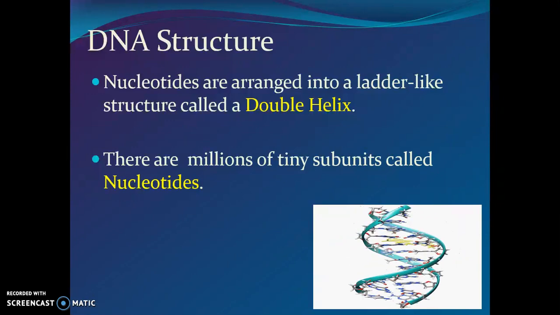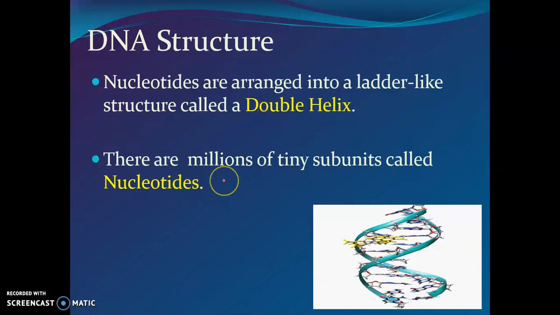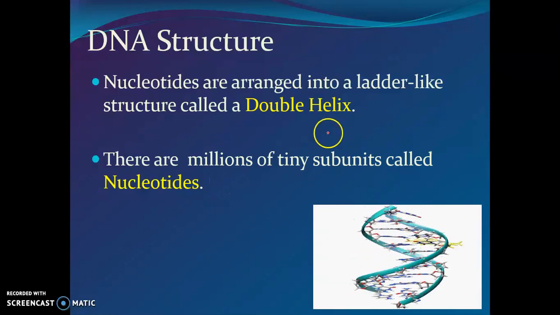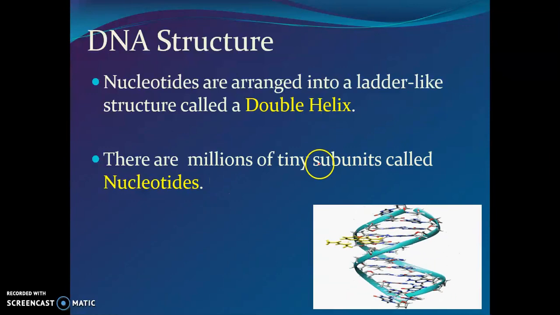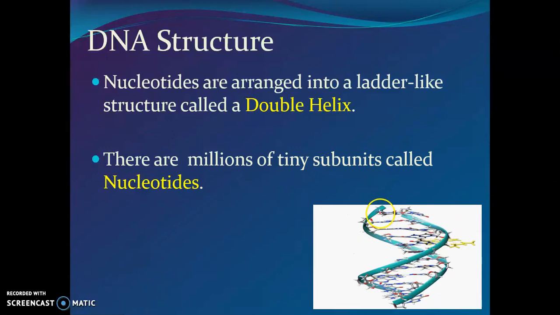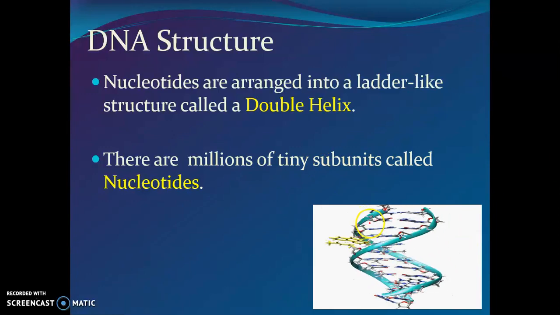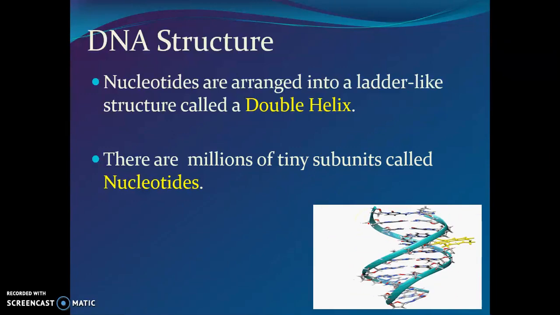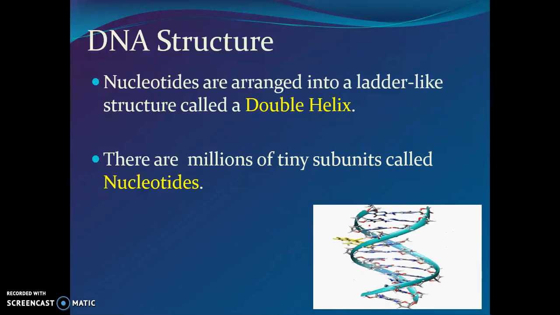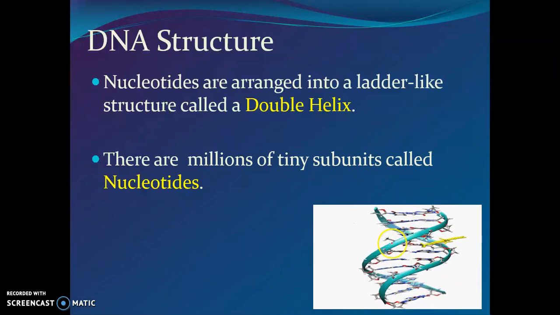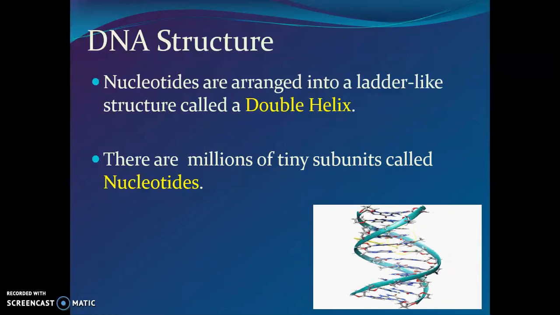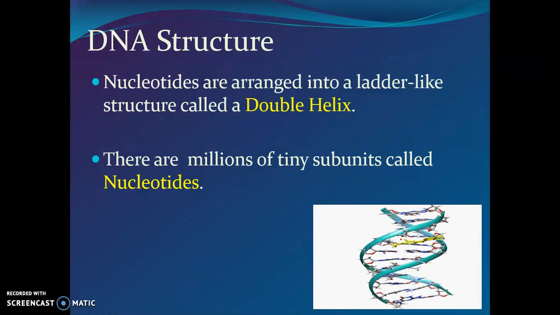Talking about the structure of DNA, the nucleotides are arranged into a ladder-like structure called a double helix. So a double helix is a kind of twisted ladder in which there are millions of tiny subunits of nucleotides attached to each other. Now let's look into more detail for DNA structure.